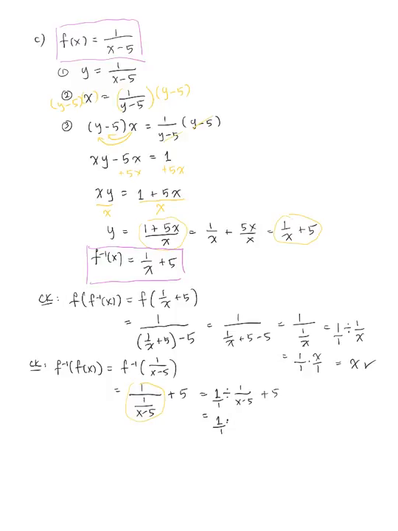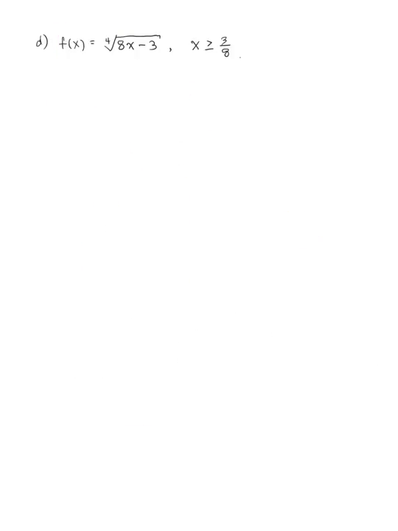So 1 times x minus 5 whole thing over 1 and then plus the 5, which gives us x minus 5 and then plus 5. Boom, it's going to equal x. So therefore we just verified that this is truly our inverse function for f of x.